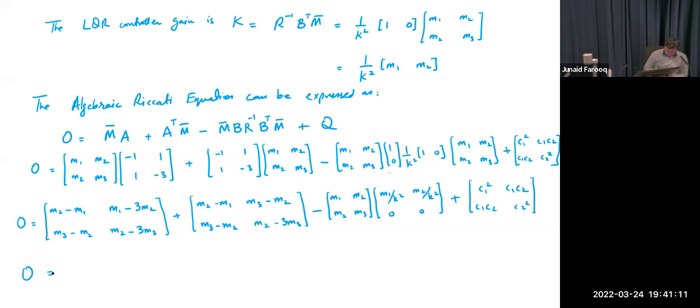Okay, so then if you simplify this, then we get 2M2 minus 2M1, M1 minus 4M2 plus M3. And then we get 2m2 minus 6m3.